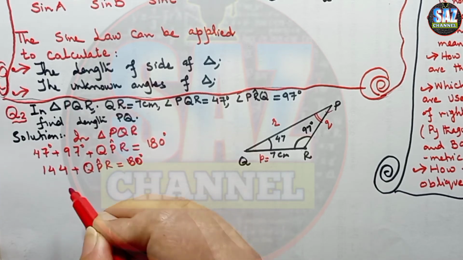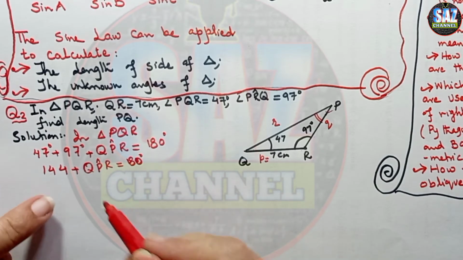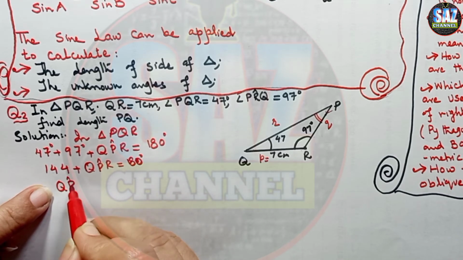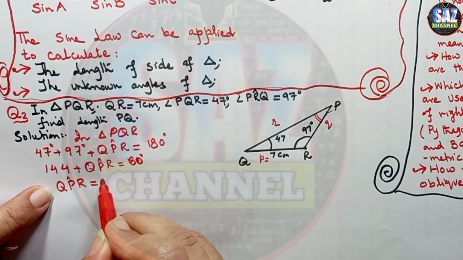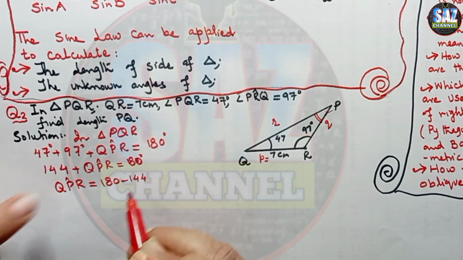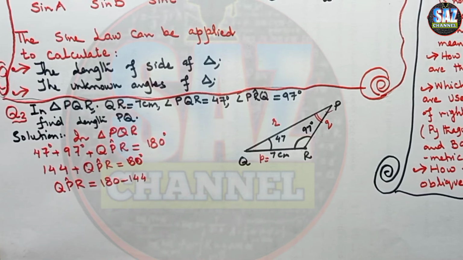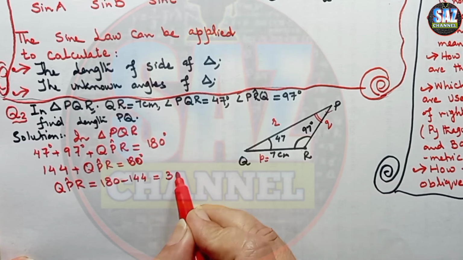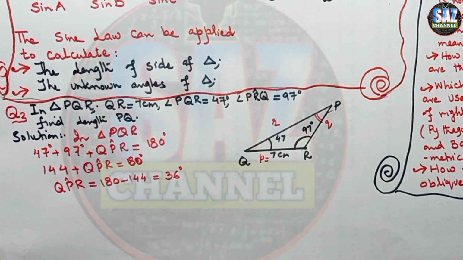Now we have to shift 144 to the other side. So QPR equals 180 minus 144, and my answer will be 36 degrees. QPR equals 36 degrees. Let me box the answer quickly.